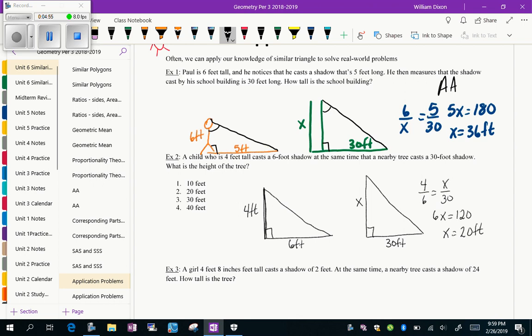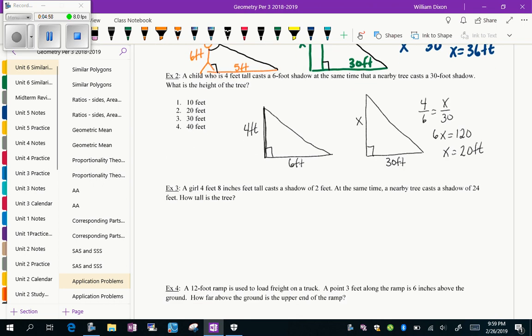All right, example number 3. A girl, 4 feet 8 inches, casts a shadow of 2 feet. At the same time, a nearby tree casts a shadow of 24 feet. How tall is the tree?